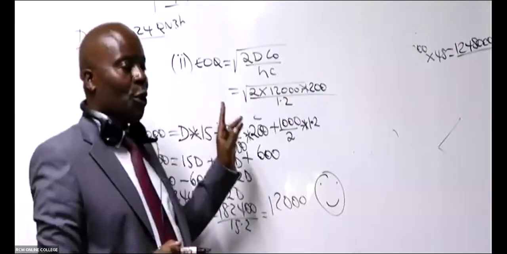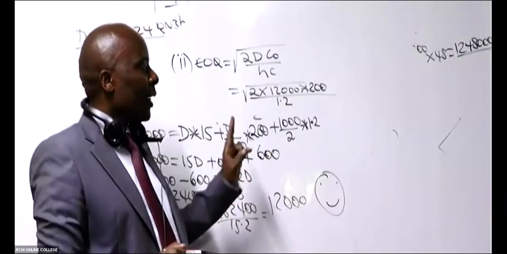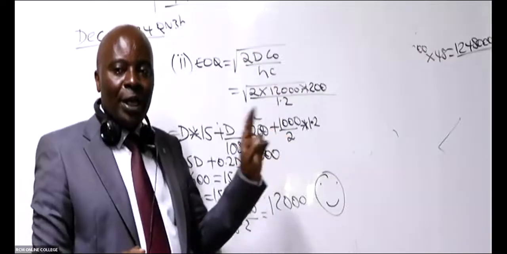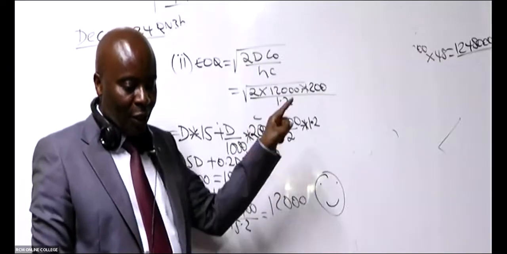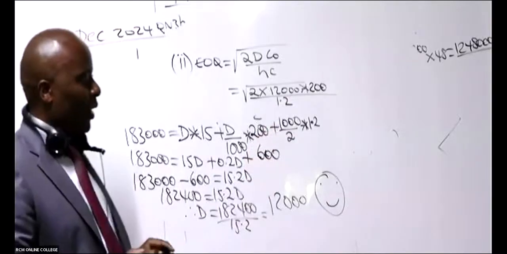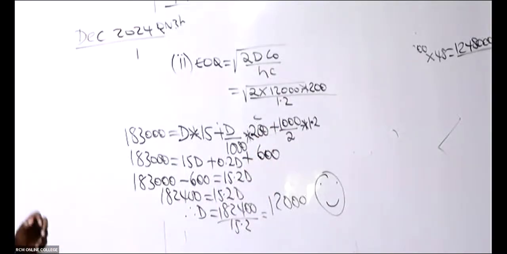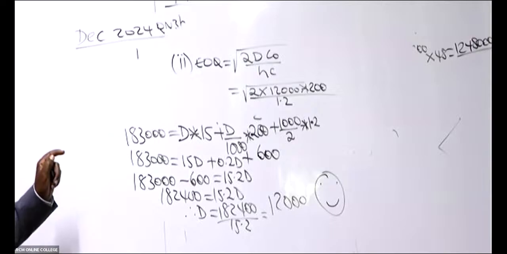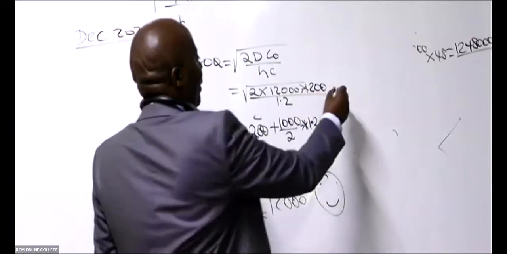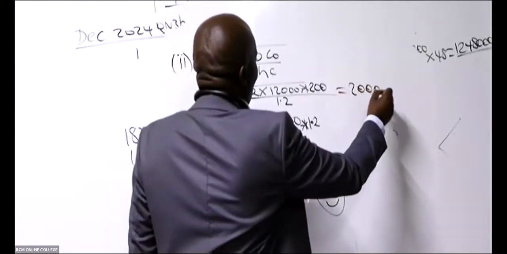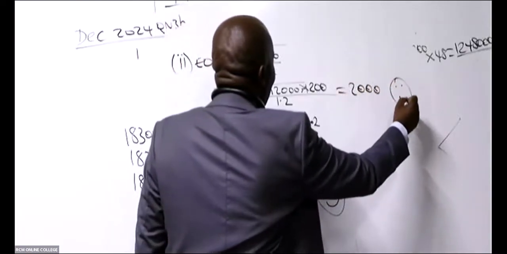We say 2 times 12,000 times 200, and whatever we get, we divide by 1.2. At the end, we take the square root. That gives 4 million, and the square root gives us 2,000. Great. So far, we are all smiles.